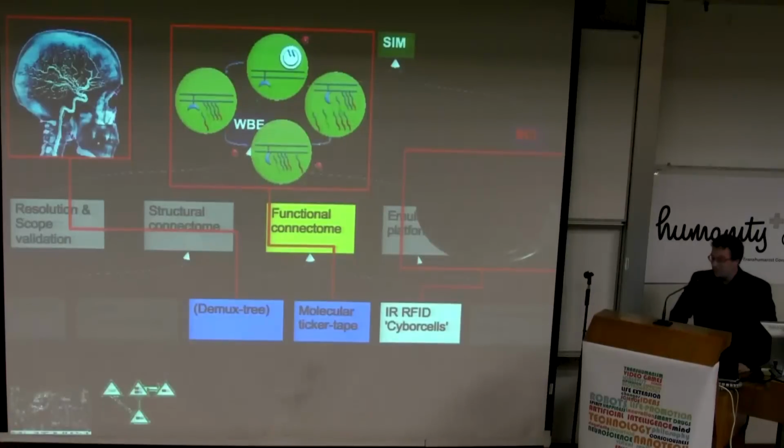Now, if you're doing the functional connectome, again, there are several approaches. One of them is the idea, this is what I call generally a DMOX tree. The idea is that you're doing a hierarchical measurement, and you're taking the information out that way. One of the implementations that has been pioneered by Rodolfo Llinás is the idea of nanowires that you can put in through the vasculature, and they sort of spread out, and they reach all the neurons, and they record from those.